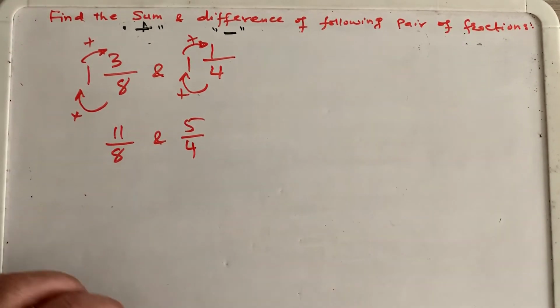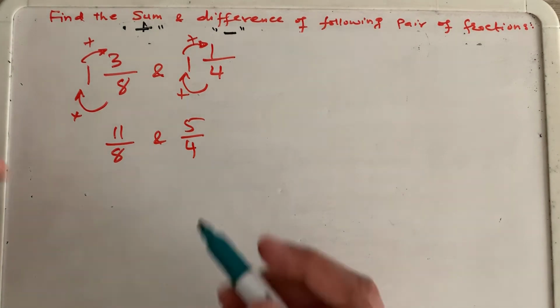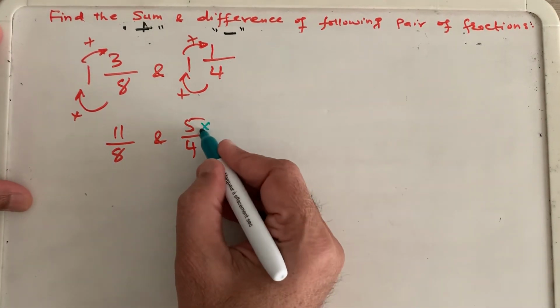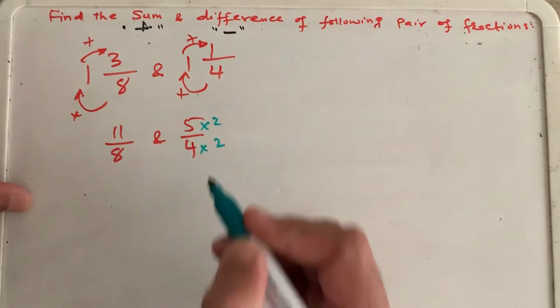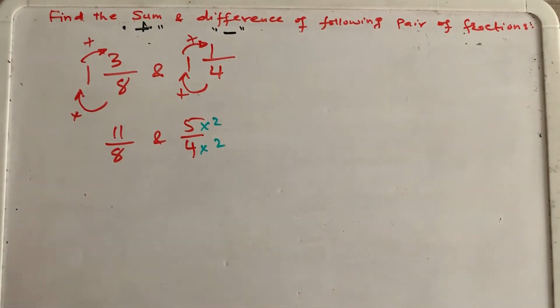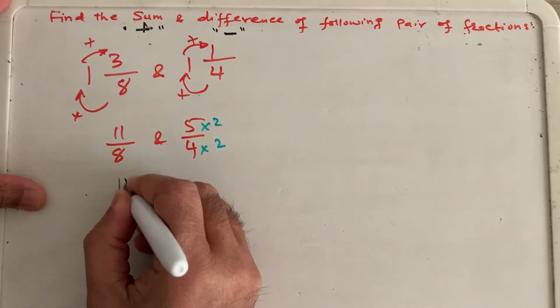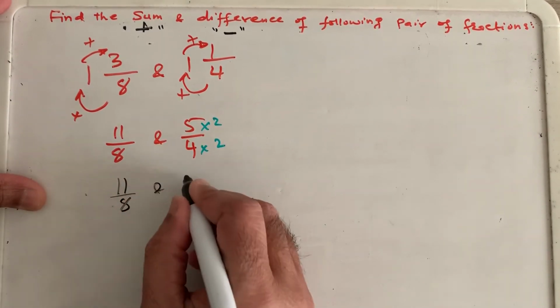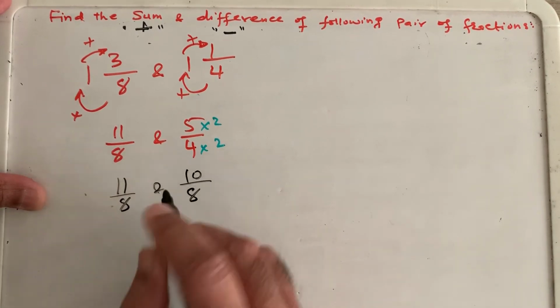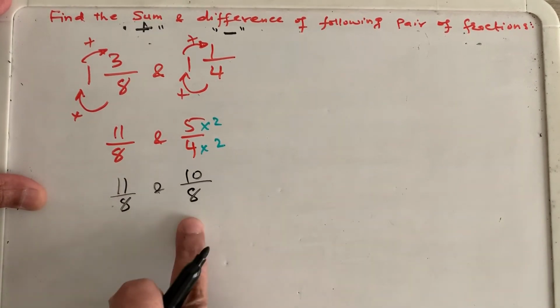Which fraction will you choose to convert into a common denominator? This one. So times 2, times 2 will make the question now 11 over 8 and 10 over 8. Now it is easy to add or subtract because they have common denominators.